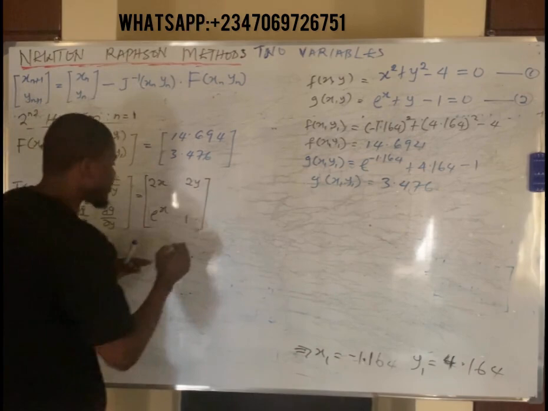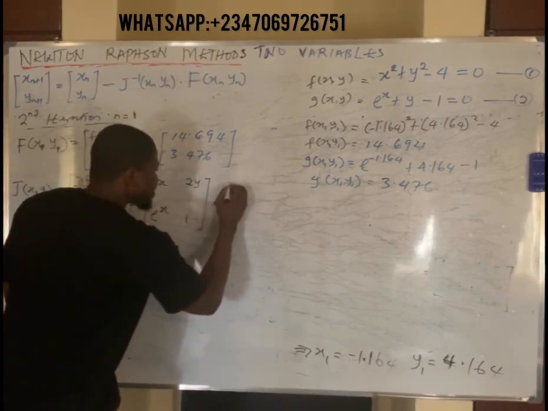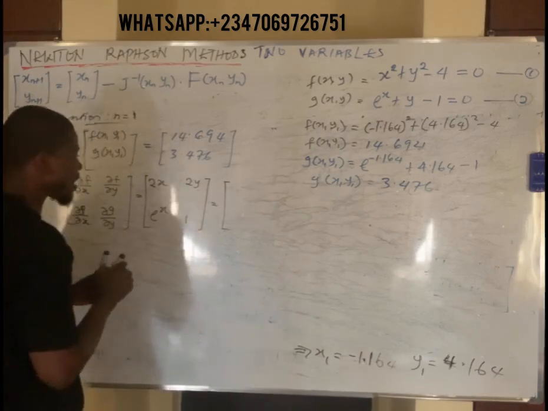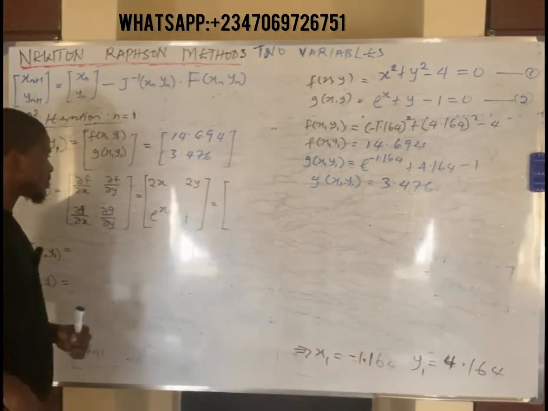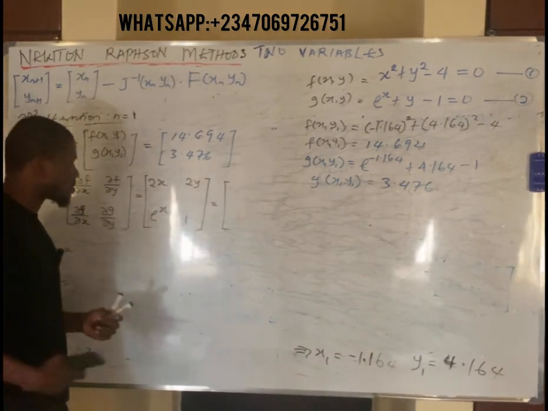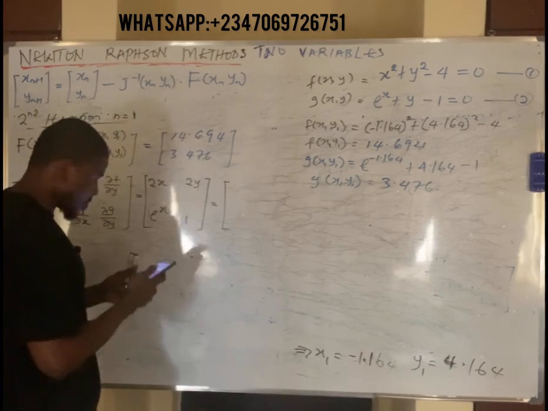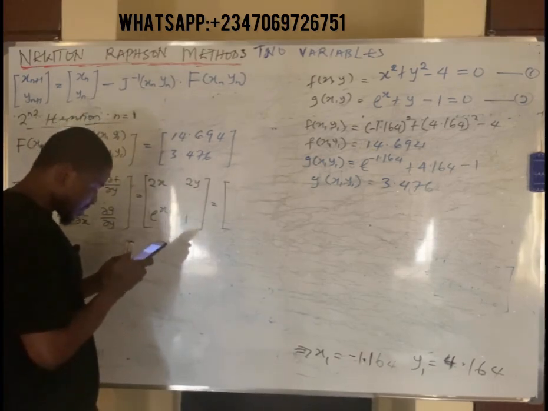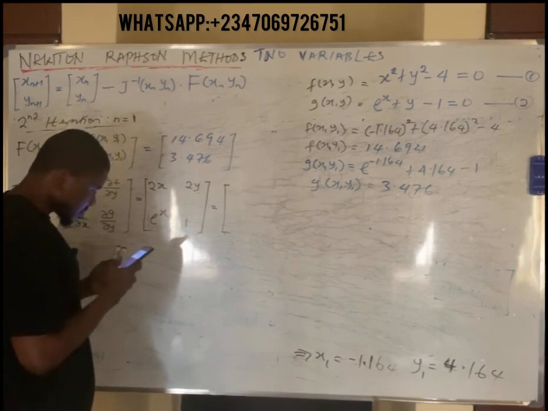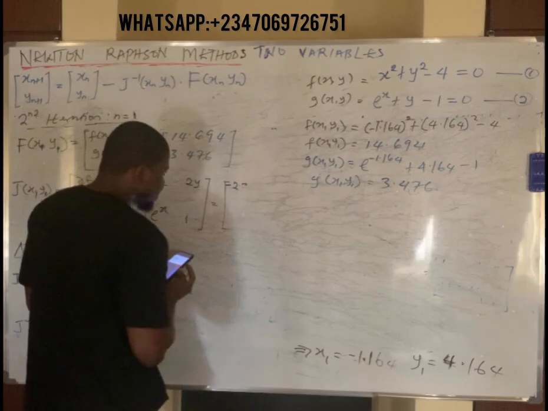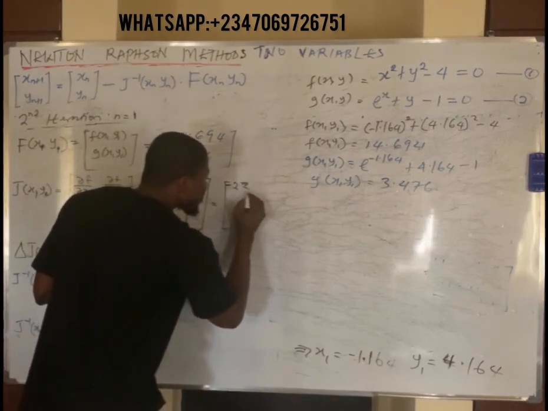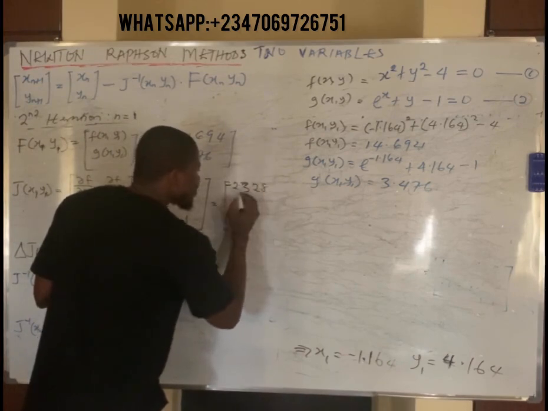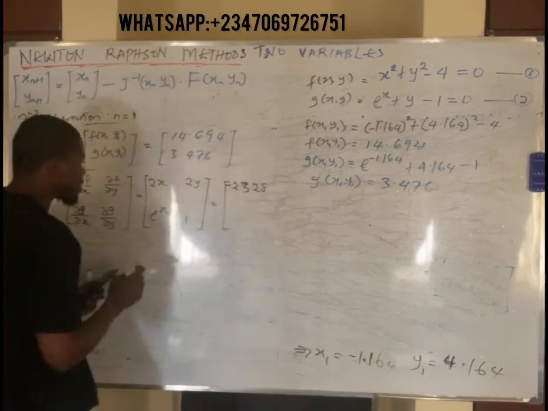So we simply now find the values at each of the points of x and y obtained now. So we are using now x1 and y1 to compute the Jacobian. So you have 2 times x1, and remember x1 is negative 1.164. So we simply have 2 times negative 1.164. That gives us negative 2.328.